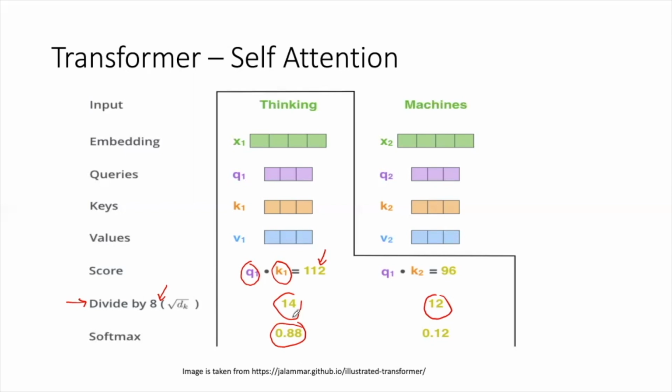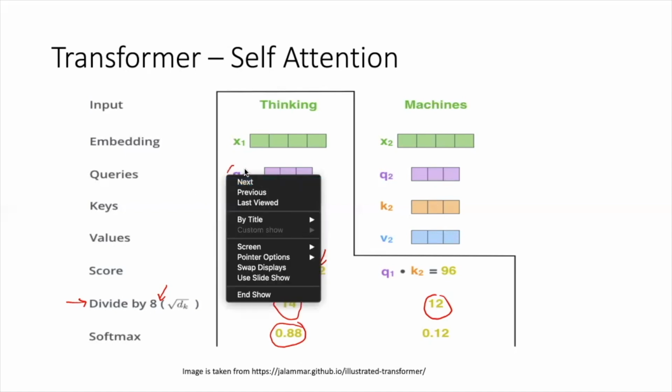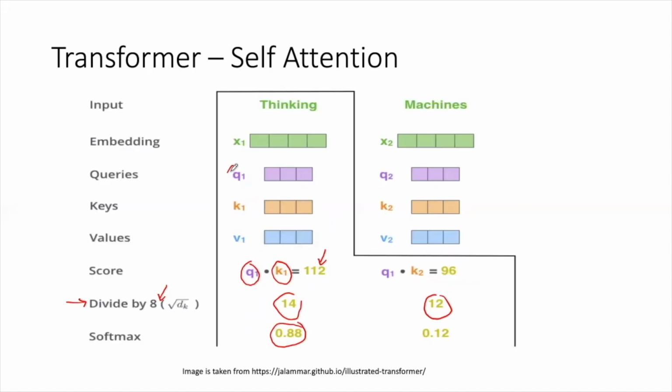Once we compute these similarity scores for this query Q1 with respect to all keys, we take only one Q1 and find out the relevance of various keys. We normalize it and then we get these softmax scores.